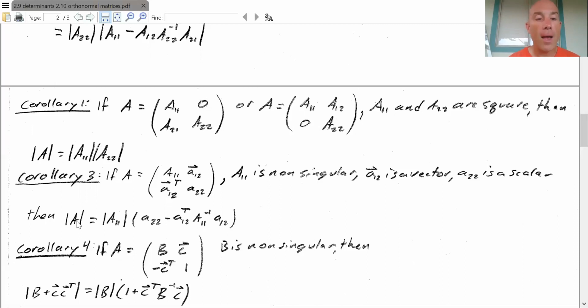Then what's going to end up happening is we're going to take this particular scalar value and multiply it by the determinant of the upper left-hand block matrix, and that gives me the determinant of A. So in this situation, we need to make sure that A11 is non-singular, and that A12 is a vector, and A22 is a scalar.